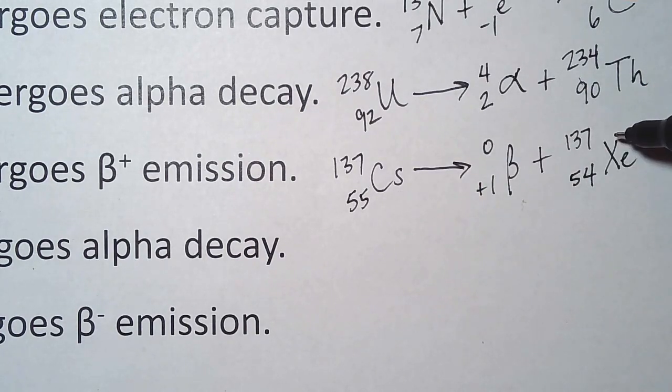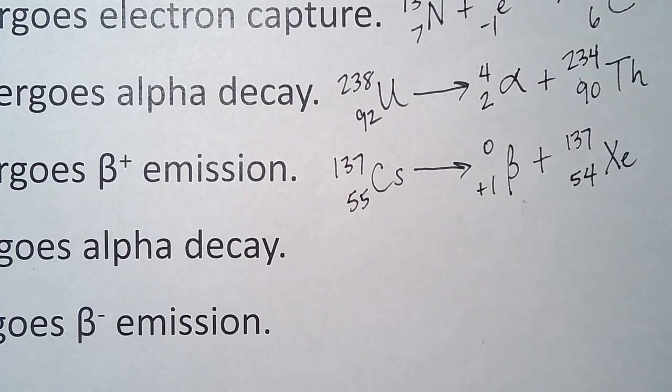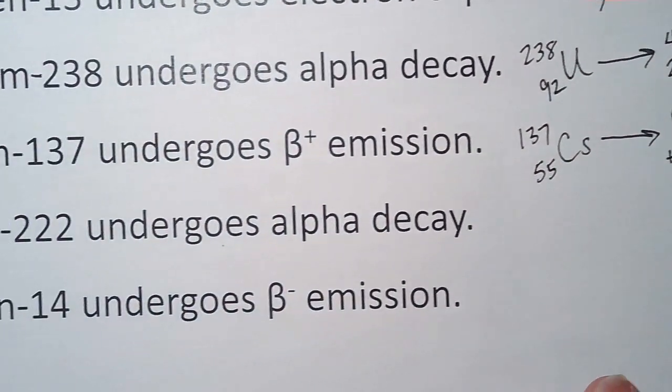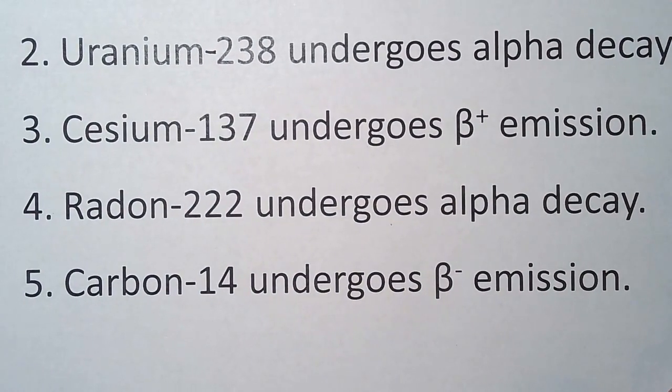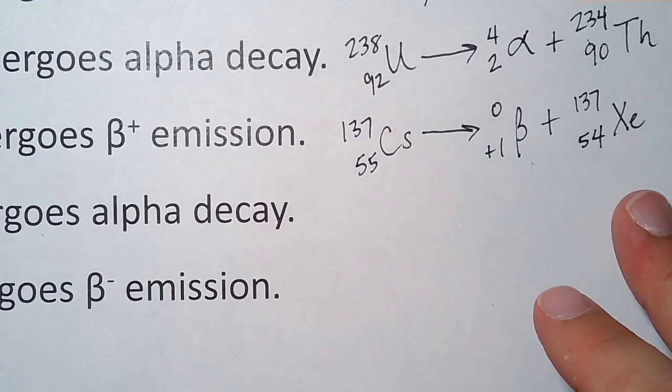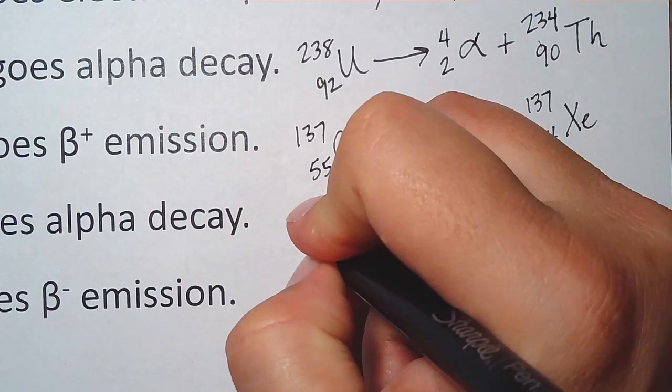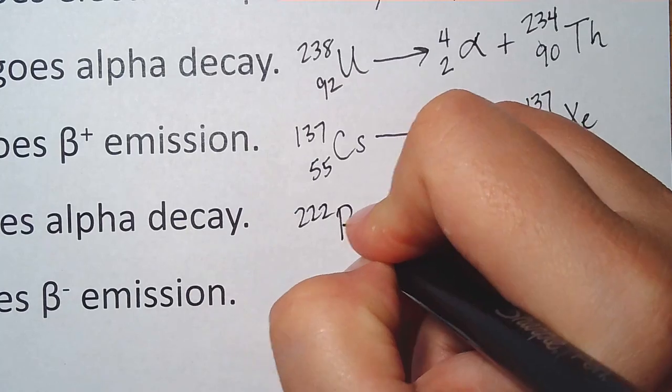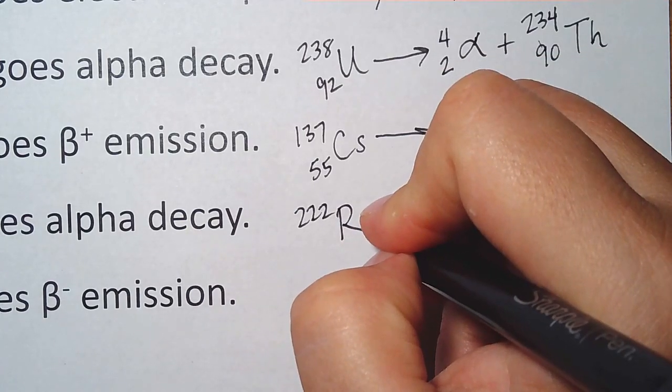Alright, radon 222 undergoing alpha decay. Very large isotope. So radon 222 undergoes alpha decay, so our 4,2 alpha.